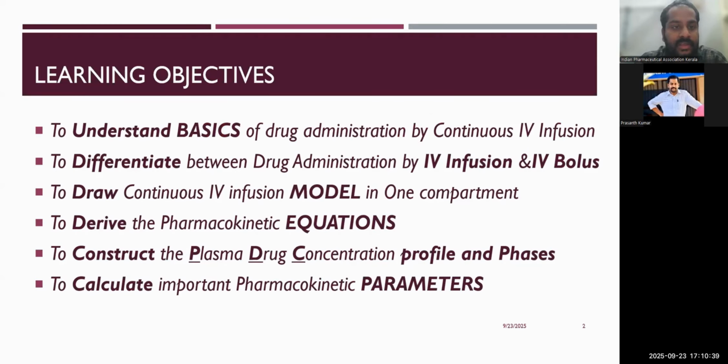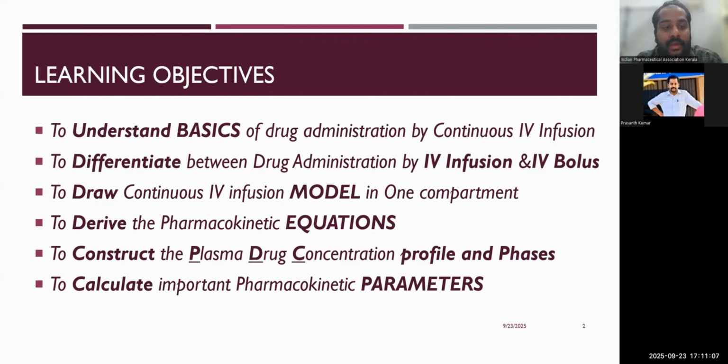So let's see what we are going to discuss today and our learning objectives. First, we will be understanding the basics of drug administration by continuous IV infusion. Then we will be able to differentiate drug administration by IV infusion and IV bolus administration.